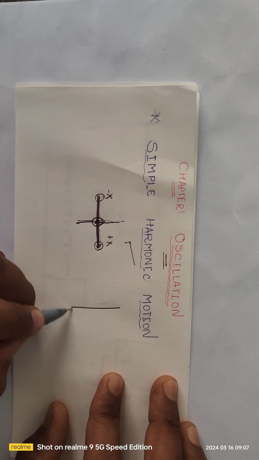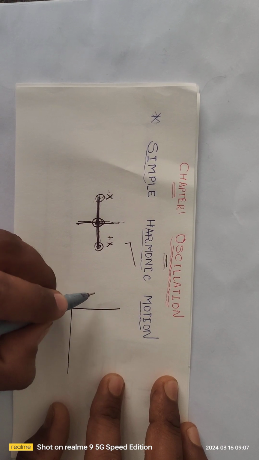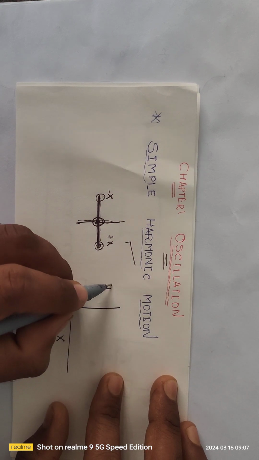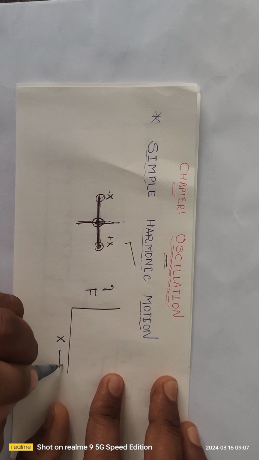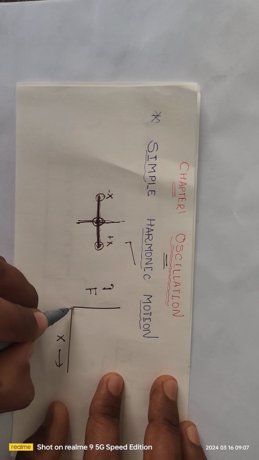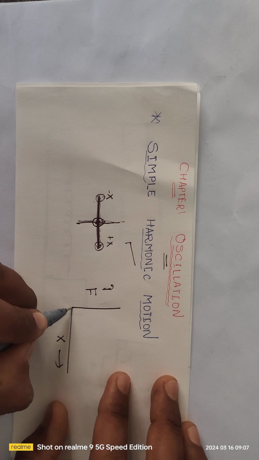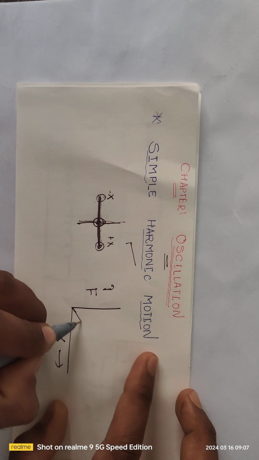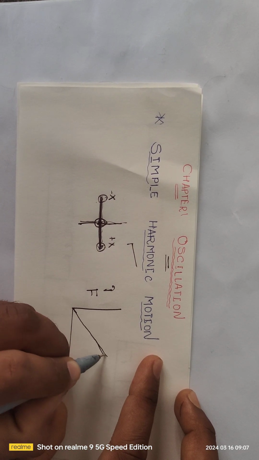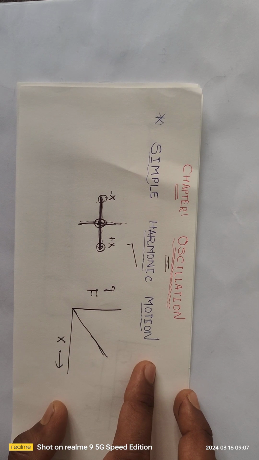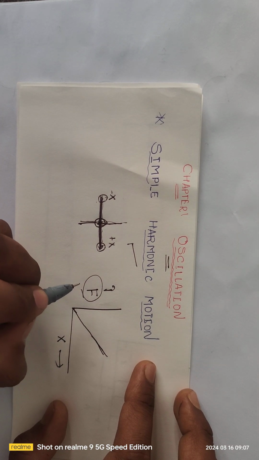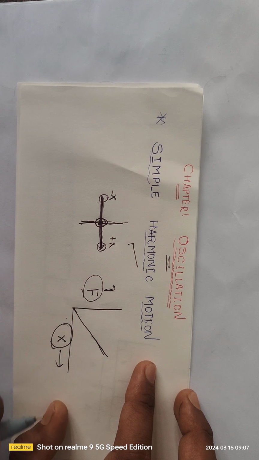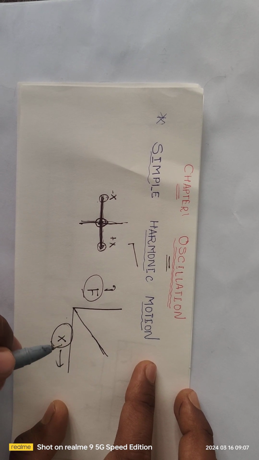If we draw the graph of F versus x, where F is force, then it should be linear, and it is called simple harmonic motion. It means however much force we apply, the displacement should be proportional, not more.